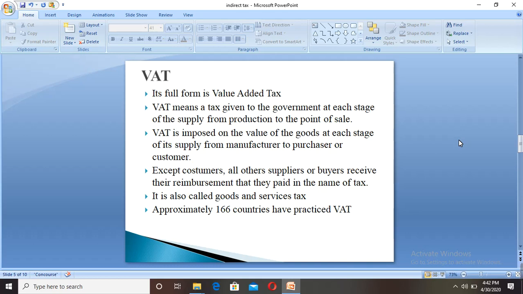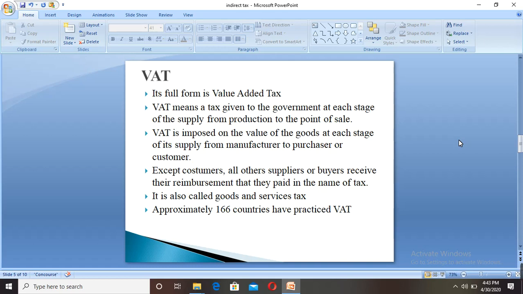It is supplied from one entity to another entity. Its beginning entity is the manufacturer and its ending point is the customer. So VAT is imposed on the value of the goods at each stage of its supply from manufacturer to purchaser or customer.